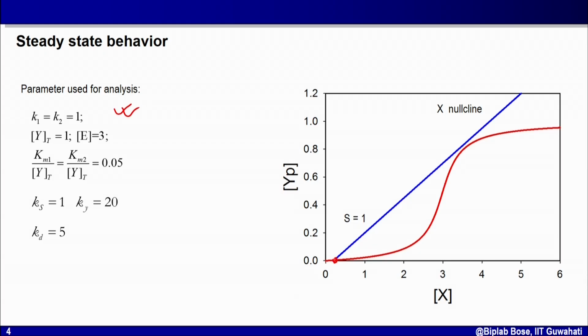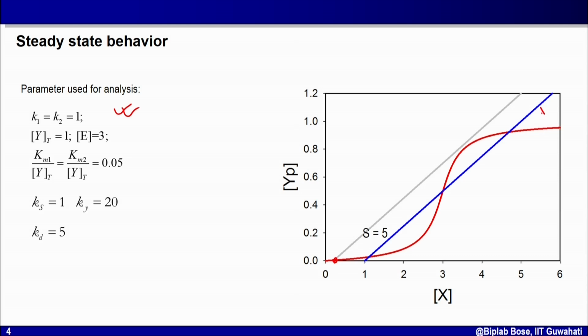So I have only one steady state. Now if I increase s from 1 to 5, obviously my straight line moves to the right-hand side. So now I have this new blue line as my x nullcline. And you can easily see now I have 3 points of intersection between the x and y nullclines. So that means I have 3 steady states.